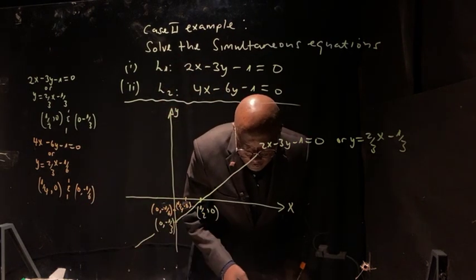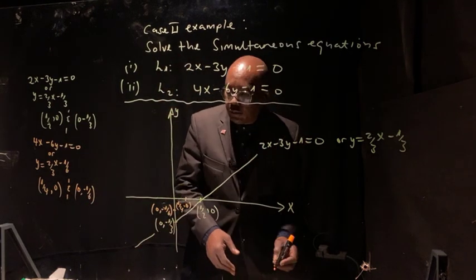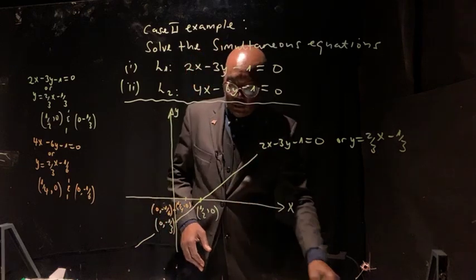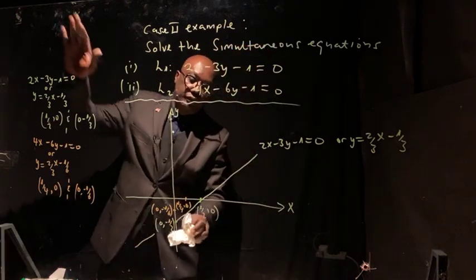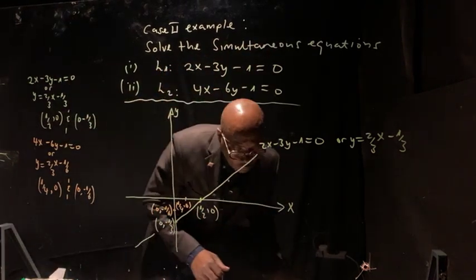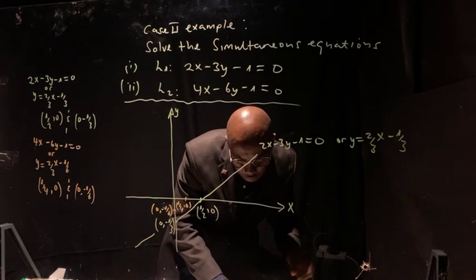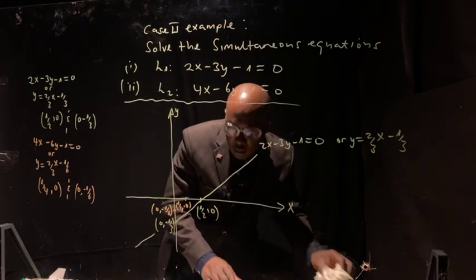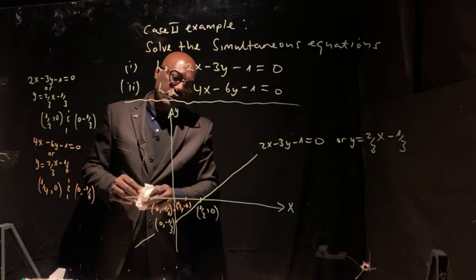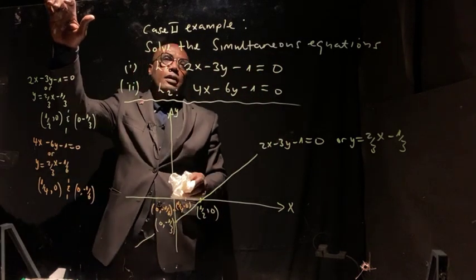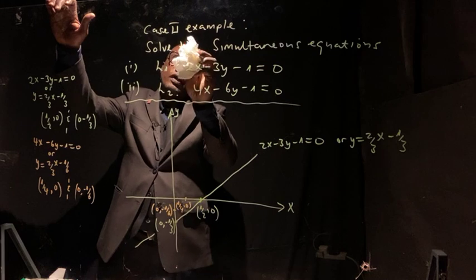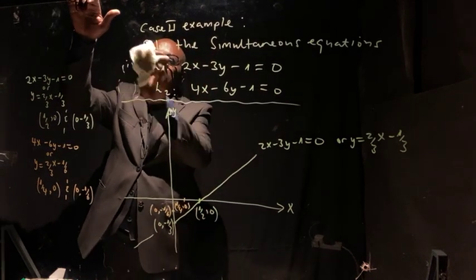Can you see it clearly? I hope so. Let me see whether you see it clearly. Oh, let me do it neatly. Possibly, I may have to wipe this one so we can do it neatly.